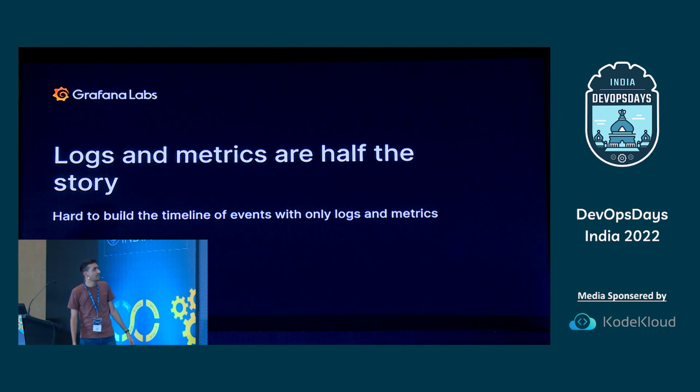Another one is logs and metrics: you'll get what happened in one service in the logs of that service, and what happened in the other service in the logs of the other service. Each service will have its own metrics. This service will tell you, okay, I called service B and it was slow. Service B will say, I called service C and it is slow. Service C is calling some third party, and it will say it's slow.